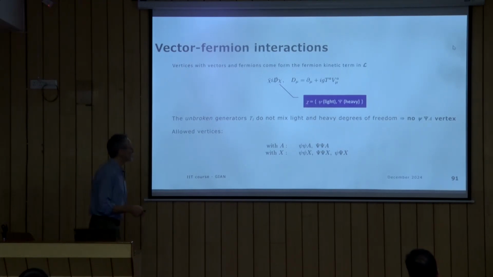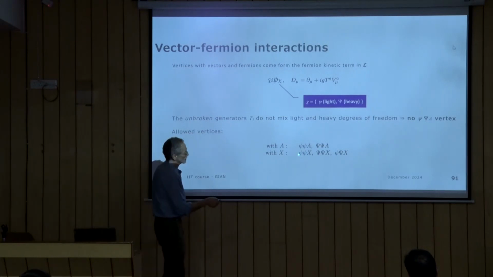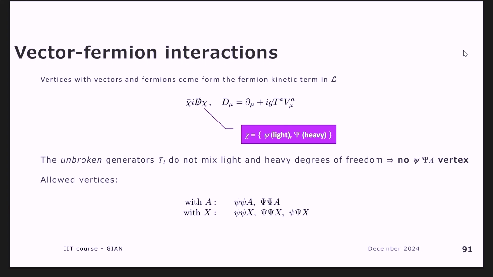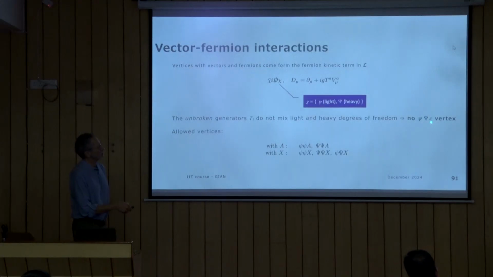But we can have this type, which is light, light, heavy, just like that. So another way of saying it, so far, the A guys connect either to 2 heavy or to 2 light, but not to a heavy and a light.